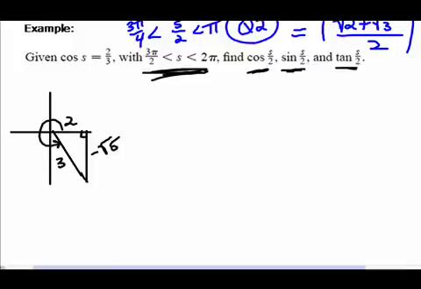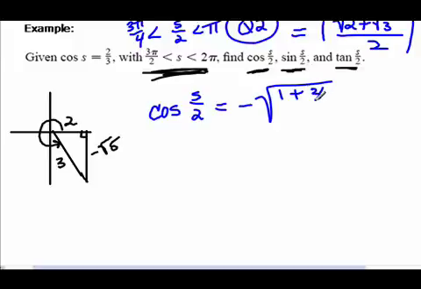So let's do cosine of S over 2. Cosine of S over 2 is plus or minus. Cosine in quadrant 2 is negative. So we'll pick negative square root of 1 plus cosine S. 1 plus cosine S, that's given to me in the problem. Cosine S is 2/3.